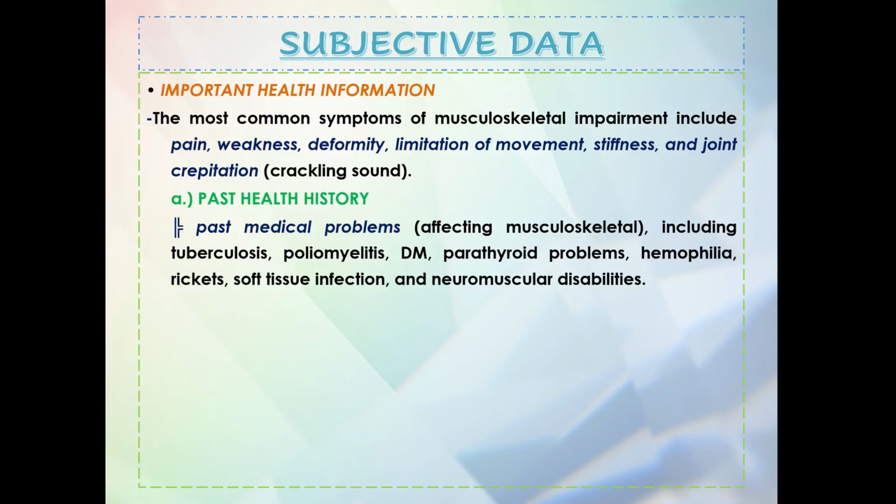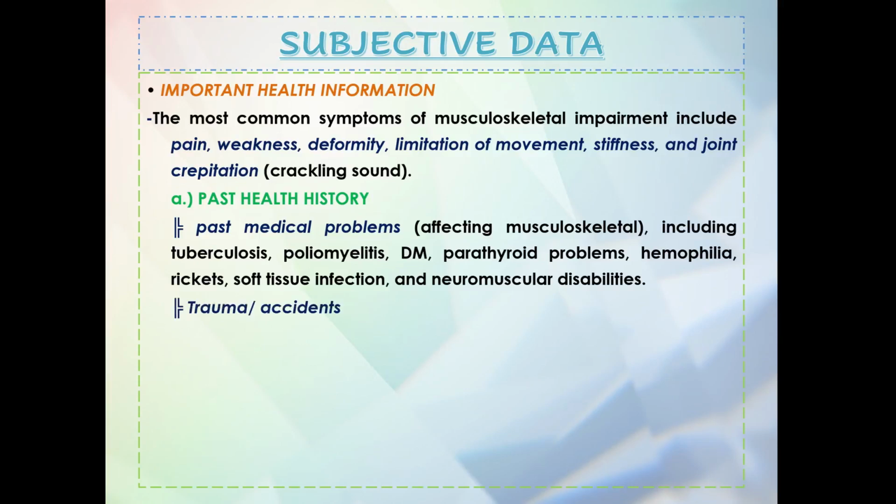So, tinatanong natin kung nagkaroon na siya ng mga diseases or sakit na to in the past because this relates to the musculoskeletal system. Okay? Yung mga problems na to are associated with our musculoskeletal.